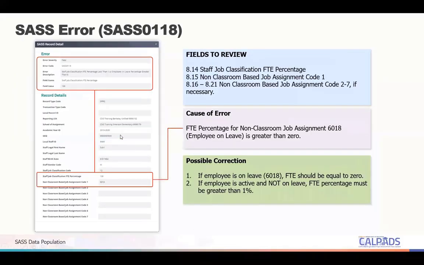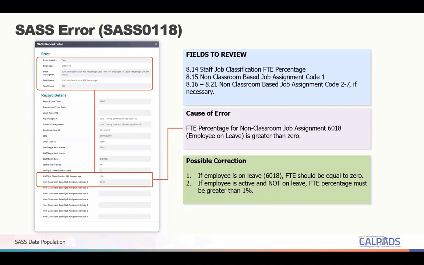Another common error is SASS 0118, wherein the staff job classification FTE percentage is less than 1 or the employee on leave percentage is greater than 0. So meaning the staff classification FTE percentage is 100. In this scenario, the LEA is attempting to submit a staff assignment for a teacher who is on leave.